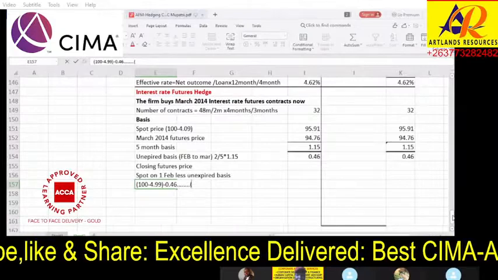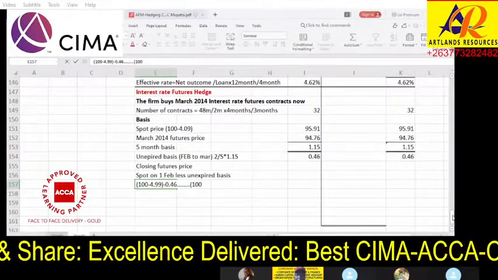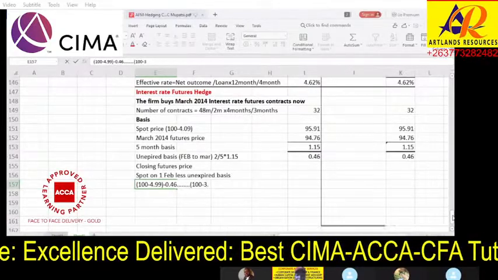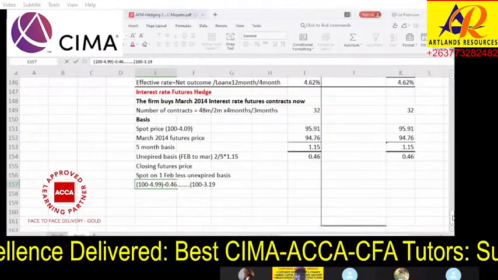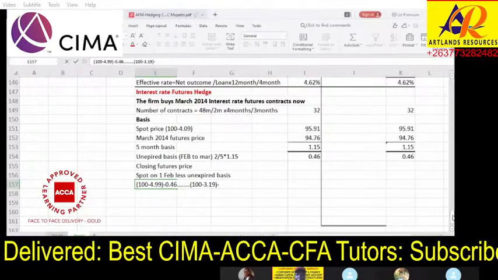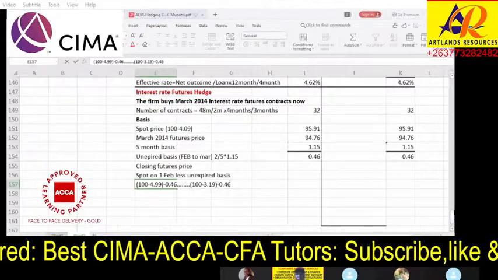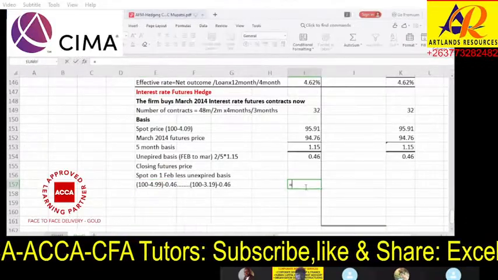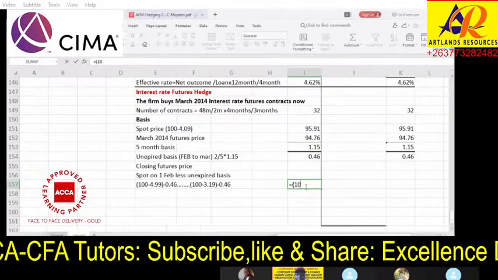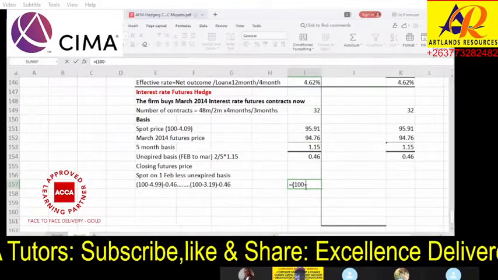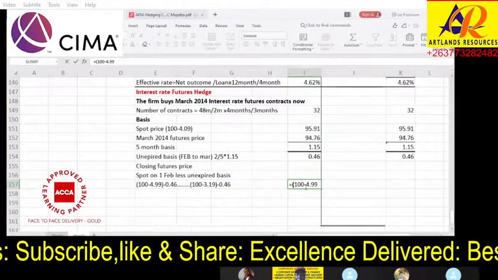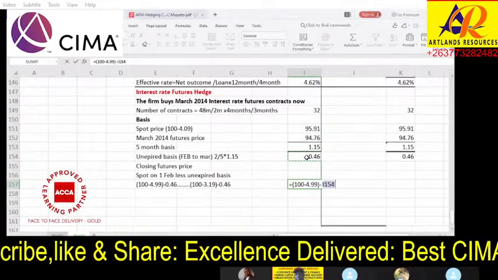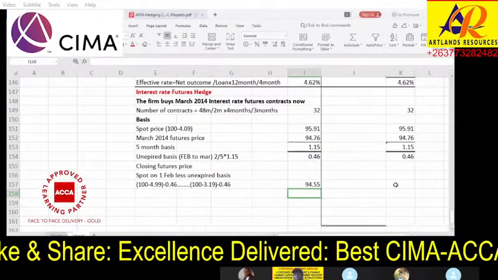So on the other end, it's 100 minus 3.19, and then take out an expired basis, 0.46. So there you go. You are saying open bracket 100 minus 4.99 close bracket minus an expired basis, so 94.55.